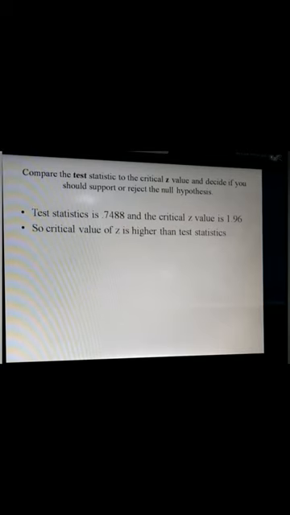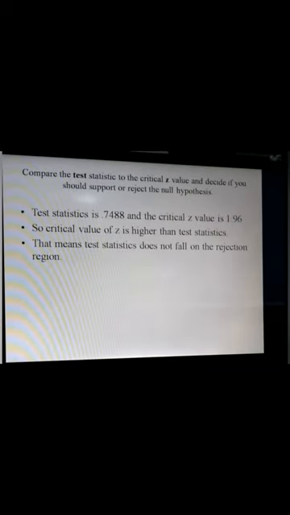Then the next step is to compare the z statistic and the critical z value and decide if you should support or reject the null hypothesis. The test statistic is 0.7488 and the critical value is 1.96. You can easily see that 1.96 is higher than this.